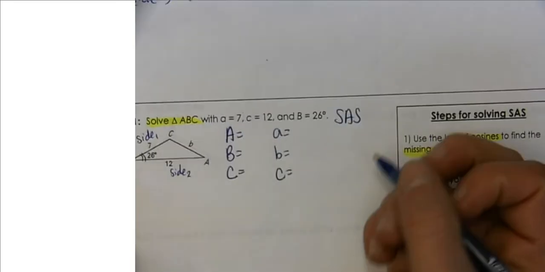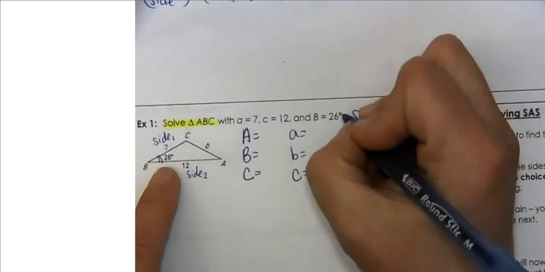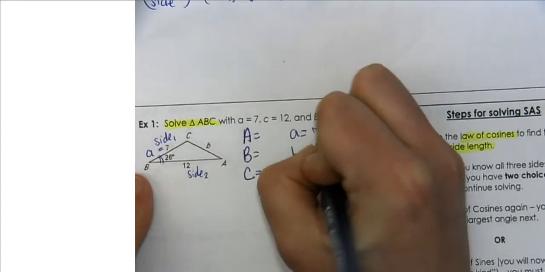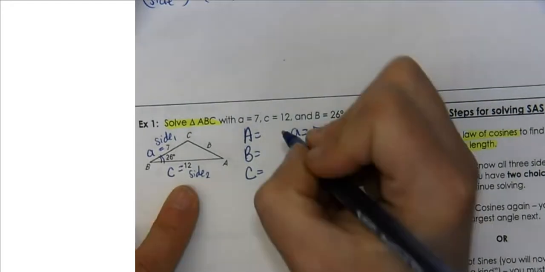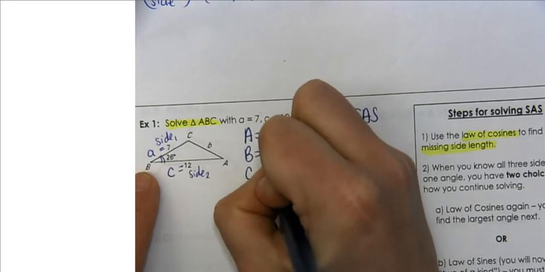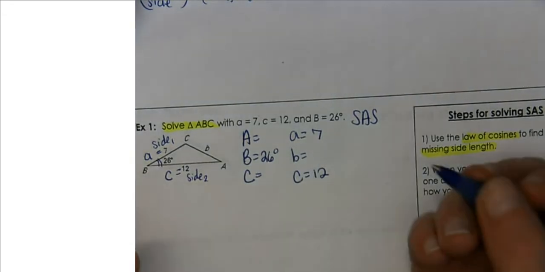I'm going to find little b first, since I know all of the other ones. I know that side a is 7. Side c, I know, is 12. I don't know what side b is. I do know that angle B is 26 degrees, but notice I don't have 2 of a kind. I can't easily use the Pythagorean theorem to come up with that either. So we just have to be really careful.